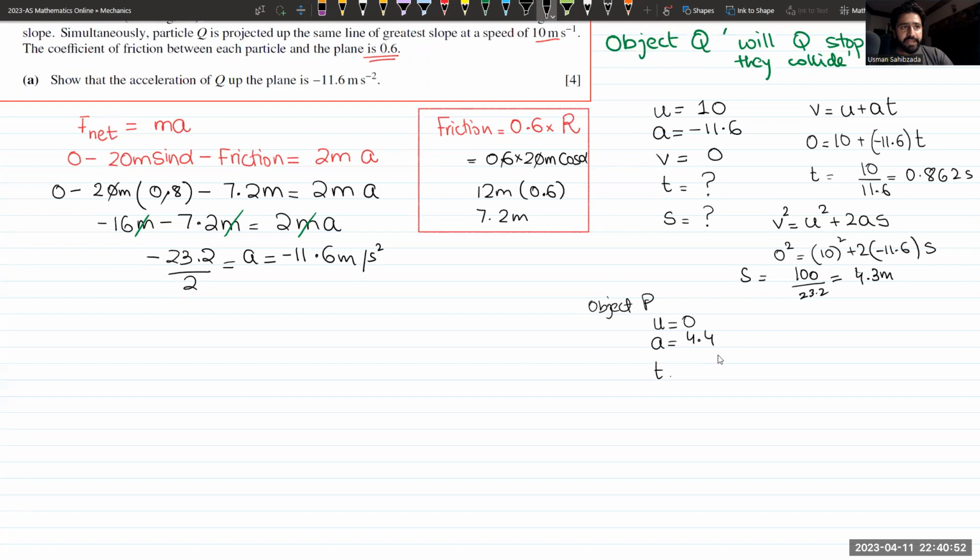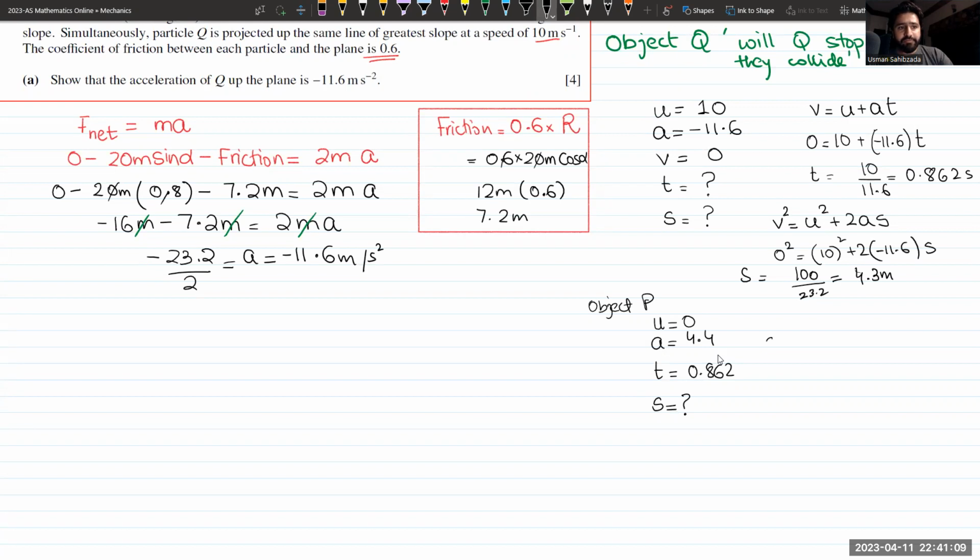We want to find out, in time 0.862, how much distance object P traveled. We want to find that out.